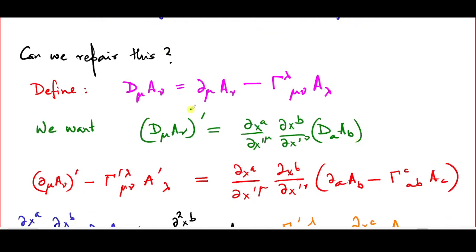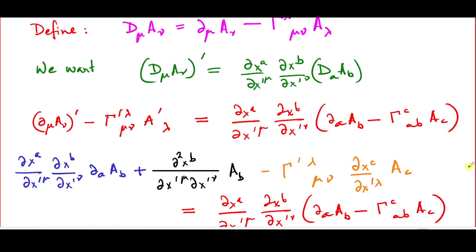Of course, in the new coordinate system, D mu nu prime is nothing but del mu nu's transformed value minus gamma prime lambda mu nu A prime lambda, and we want this to be del x prime mu of xa times del x prime nu of xb times the original components D A ab, which are del A ab minus gamma c ab A c.